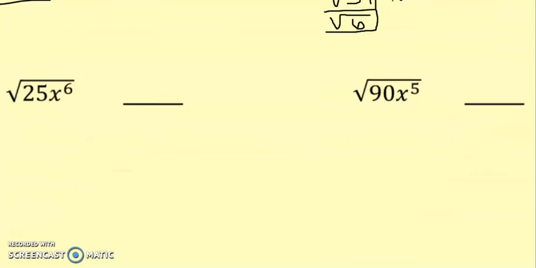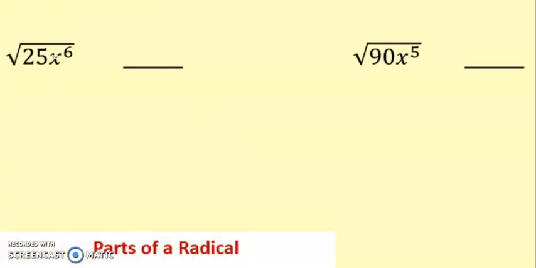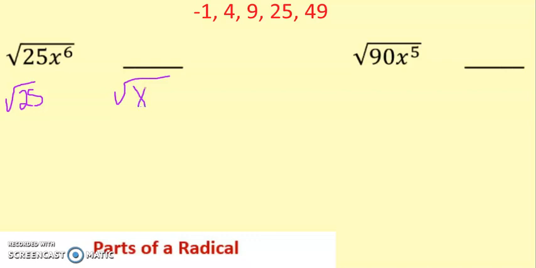Let's look at the next one: the square root of 25x to the 6th power. For this one, we want to separate out our square root into two parts, the coefficient part and the variable part. Well, we know the square root of 25 is just 5. There's no leftovers.